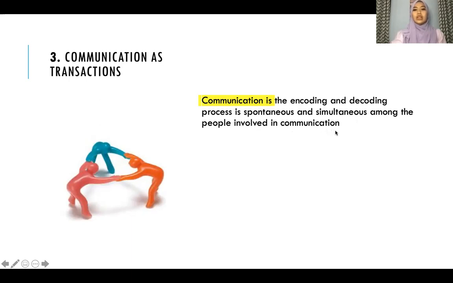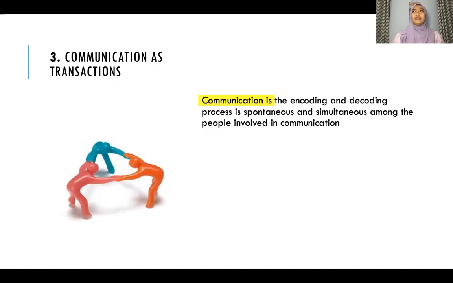It is obviously different from the two conceptualizations before, because in the first and second types, they ignore any spontaneous message. But here, because this is the transaction type, the communication gets deeper.